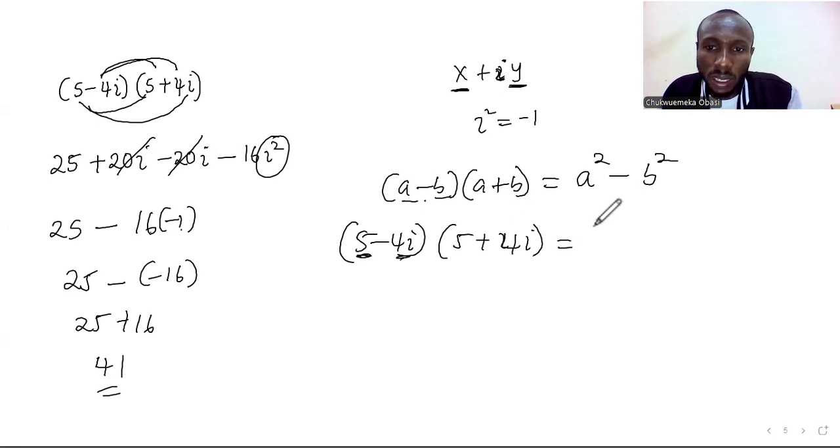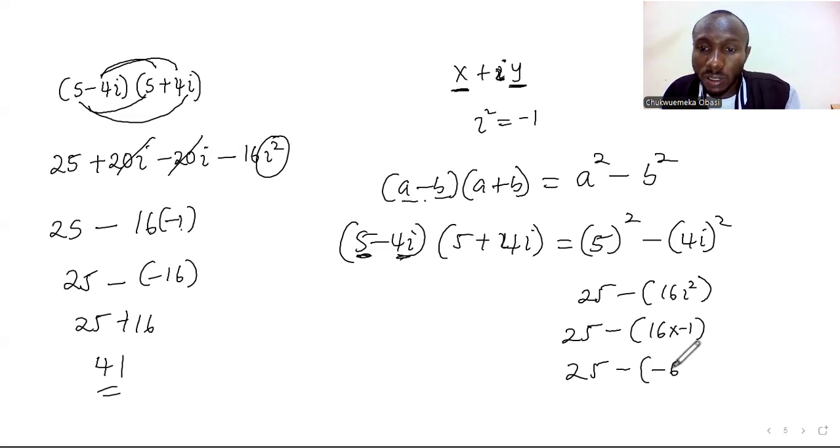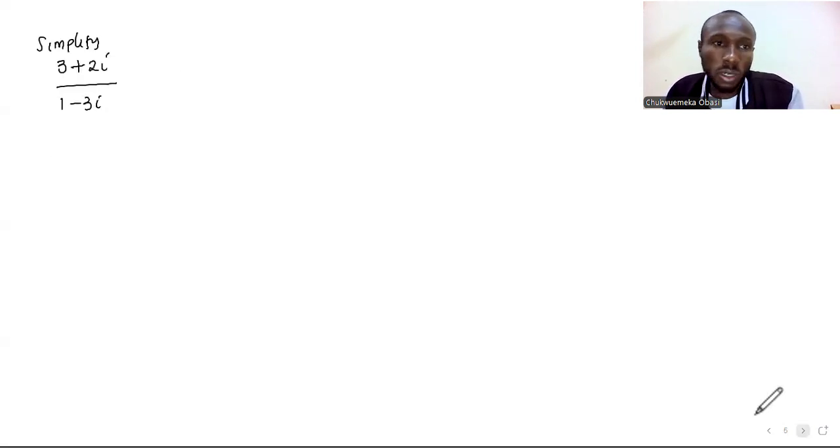My a is 5 squared, and my b is 4i squared. 5 squared is 25. 4i squared is 4i times 4i, which gives 16i squared. And i squared is minus 1, so 16 times minus 1 is minus 16. That gives 25 plus 16, which is 41. The same result. So moving forward, let's go to question 6.